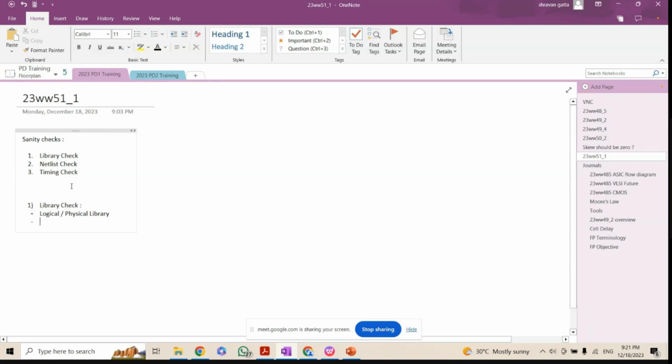I told you that in the real layout, everything will be square boxes. The logical view is what exactly the logic is, and in the physical view, how much the height, h, and the width, w, are.